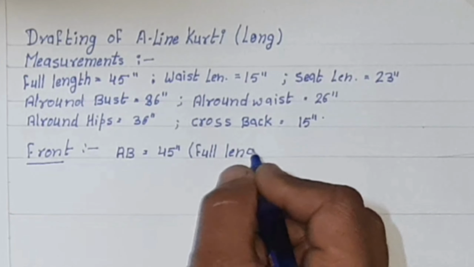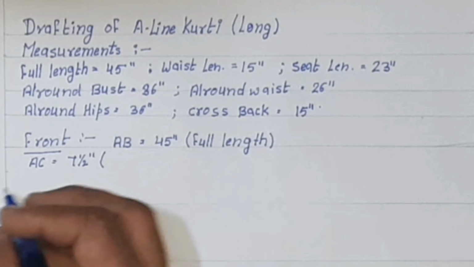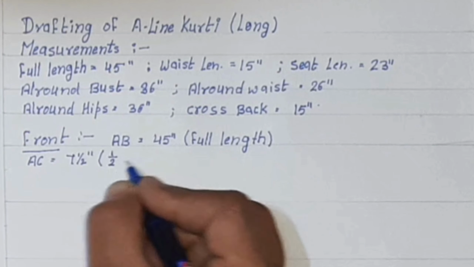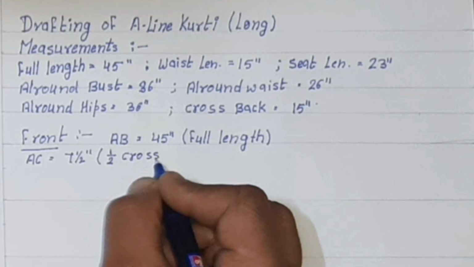This is on fold. From point A, we'll square out a point C as AC is equal to 7.5 inches, that is half of the cross back. Cross back is 15, we'll half it, so this will be 7.5 inches. When we open it, it will be 15 inches, right?